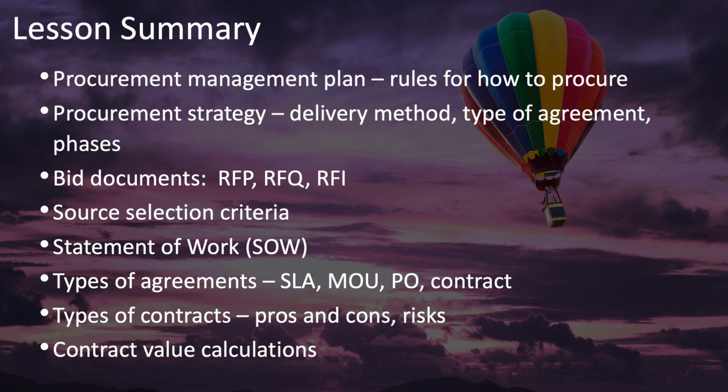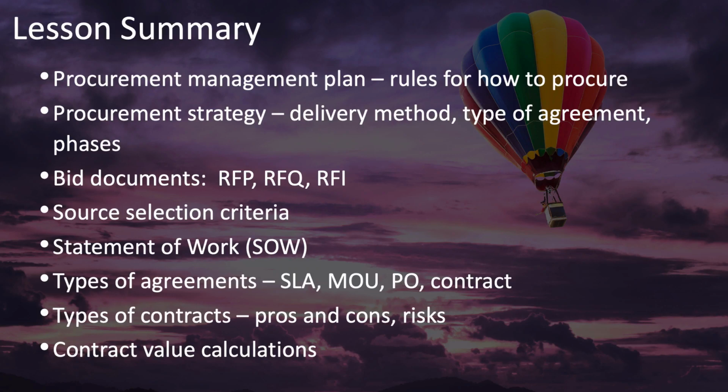Bid documents are of three primary types: the request for information, the request for quote, and the request for proposal. You also have source selection criteria, which can be quite elaborate and may make use of a multi-criteria decision-making matrix. The procurement statement of work is that portion of the scope baseline that is to be outsourced to the seller.